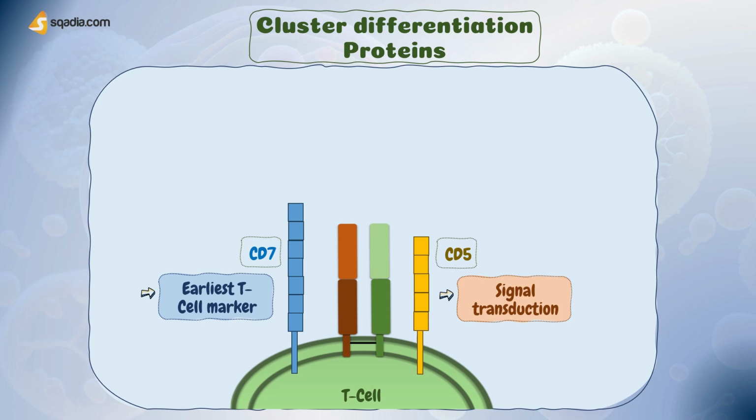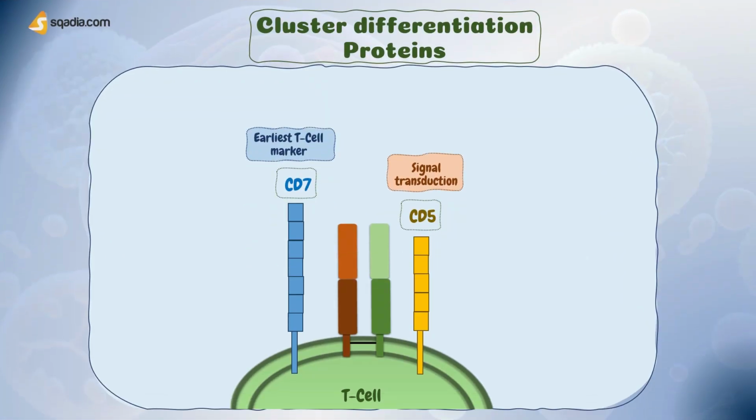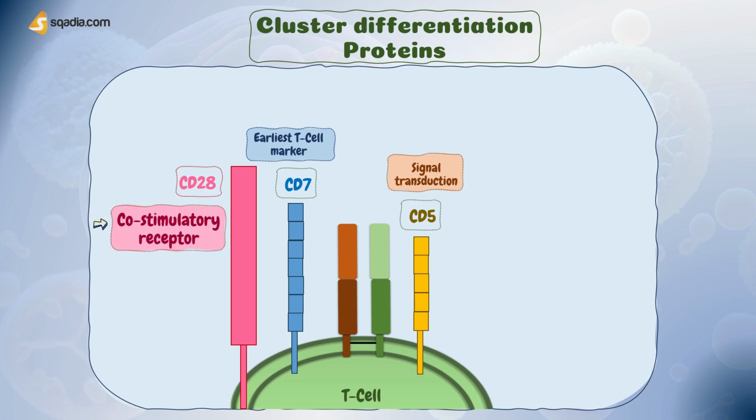Another known CD protein is CD28. It is expressed on the surface of T cells, where it serves as a co-stimulatory receptor. As it interacts with CD80 and CD86 molecules on antigen-presenting cells, providing a necessary co-stimulatory signal for T cell activation and proliferation.